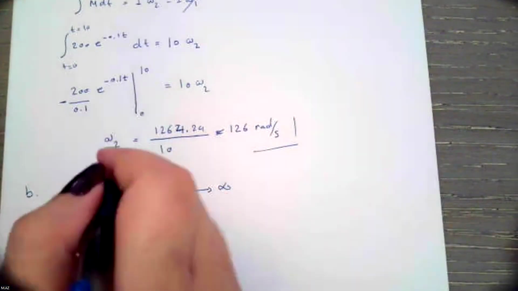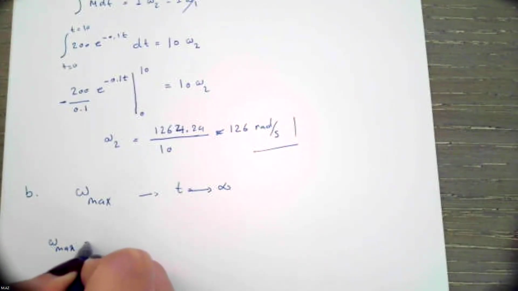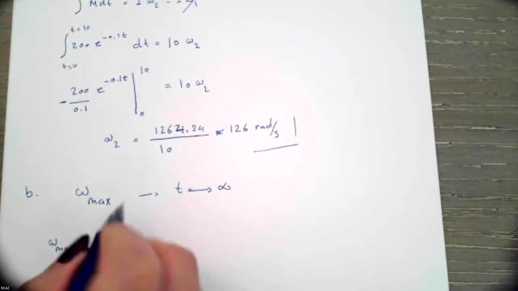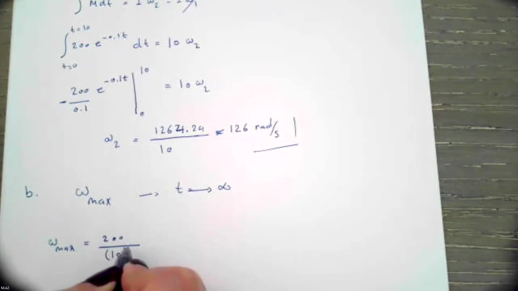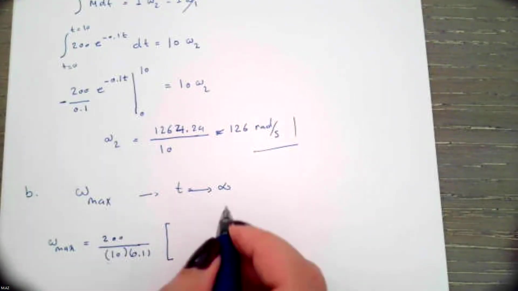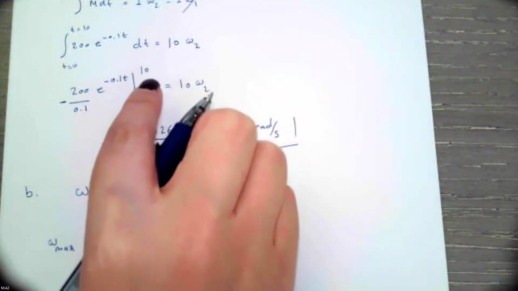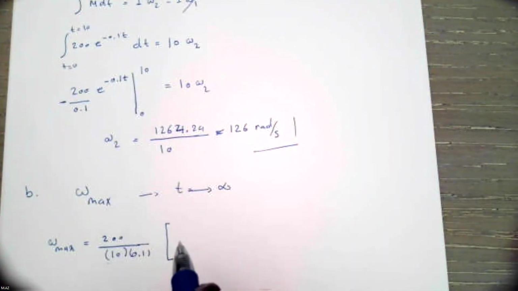Now we can say the maximum omega is 200 over 10, where this is the moment of inertia. Let's maybe write this one. The upper limit of the integral is infinity and the lower is 0.